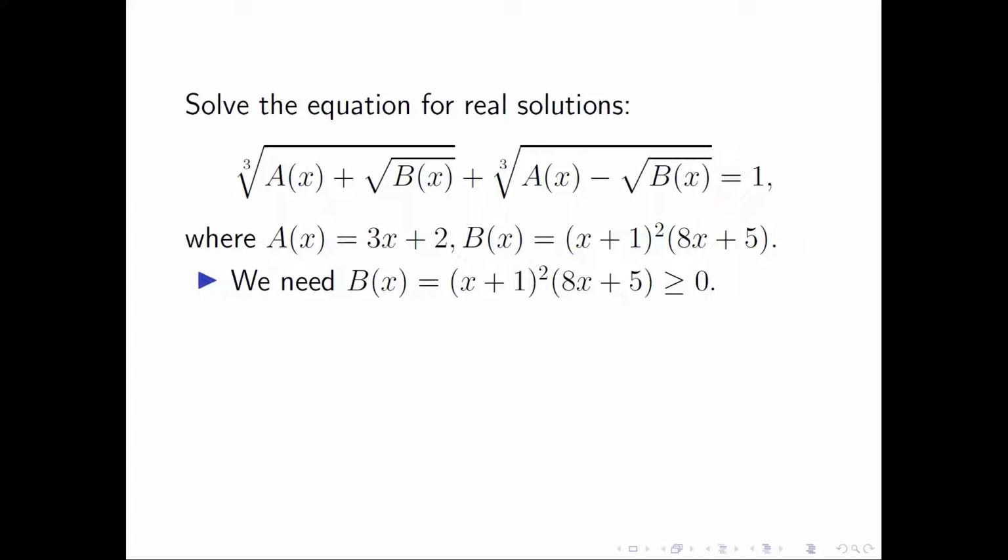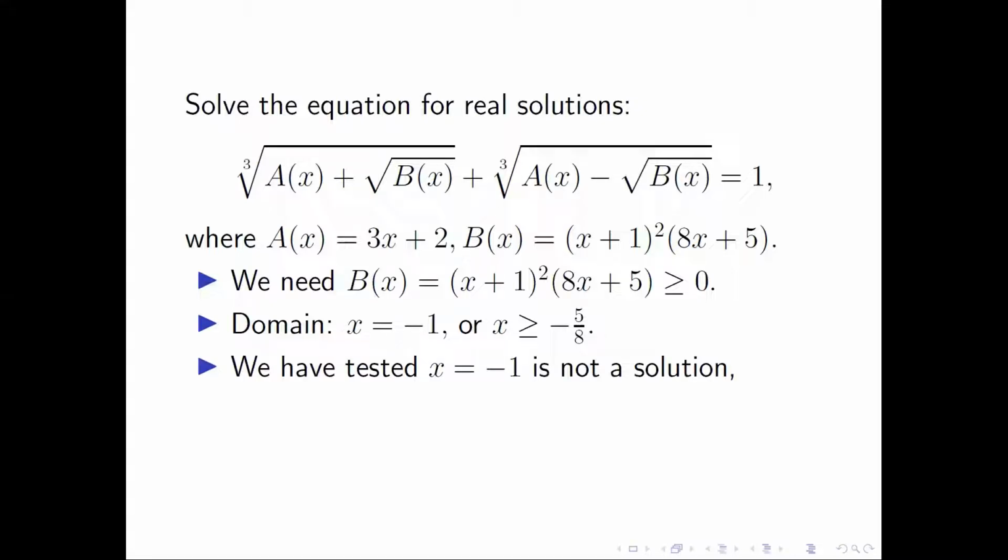We have a square root of b(x), so we need b(x) greater than or equal to 0. Therefore, the domain is x equals -1 or x greater than or equal to -5/8. We already tested x equals -1. This is not a solution. So from now on, we focus on x greater than or equal to -5/8.